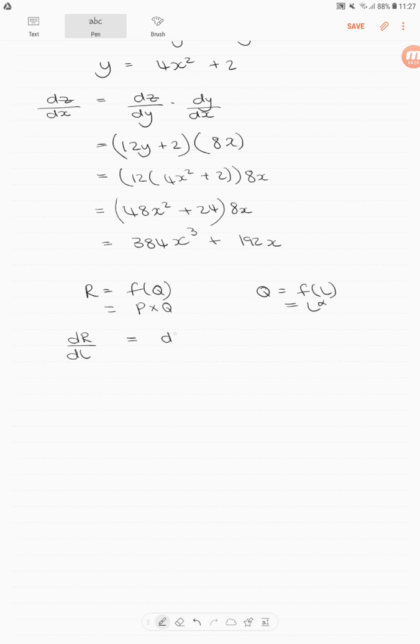This is equal to the derivative of revenue with regards to quantity times the derivative of quantity with regards to labor. The derivative dR dQ is p times Q to the power of 0, times alpha L to the power of alpha minus 1. Q to the power of 0 is simply 1, so we are left with p alpha L to the power of alpha minus 1.